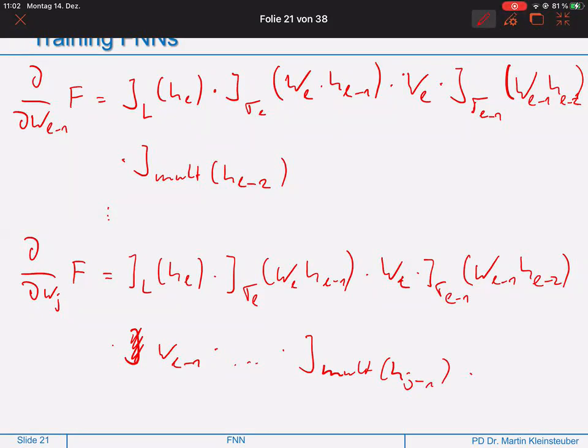Okay, so really the best thing is you try it out yourself. You have all the ingredients here, and try to compute it yourself. Use the chain rule. See where the problems are. I think this is the best way to grasp it. I can compute a lot and draw nice formulas here on this PowerPoint, but unless you've done it yourself, it will be hard to understand how easy it is.